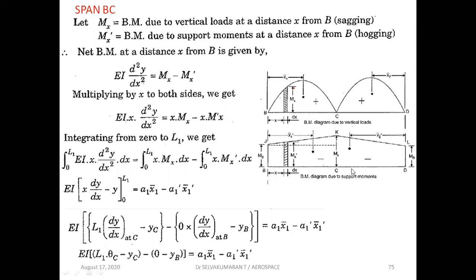For the support moments on span CD, I will get A2 dash X2 bar dash, where A2 dash is the area of this bending moment diagram due to support moments on CD, and X2 bar dash is the CG distance of this bending moment diagram due to support moments on CD from D. You will see this in the next slide.